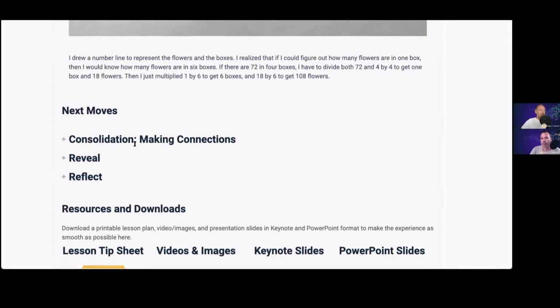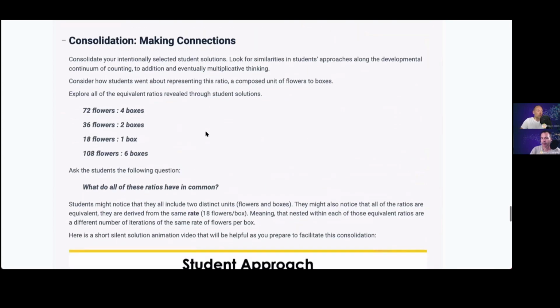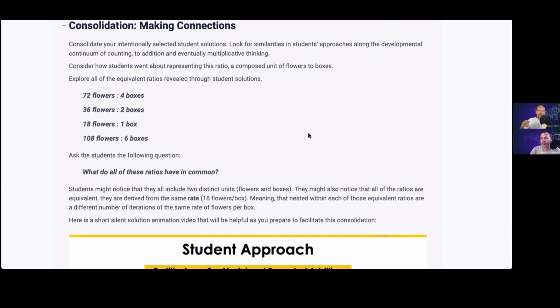And ultimately, you'll notice in our consolidation, what we're trying to help students see is that this ratio, this 72 flowers to 4 boxes, is what we call a composed unit, as we referenced in the intentionality. And when you divide those two quantities, this type of ratio will reveal a rate. Okay, it will reveal a rate.